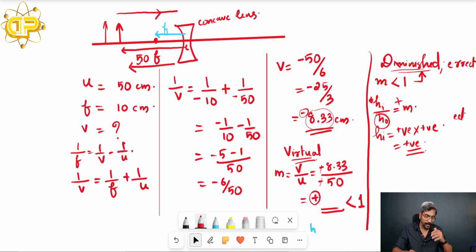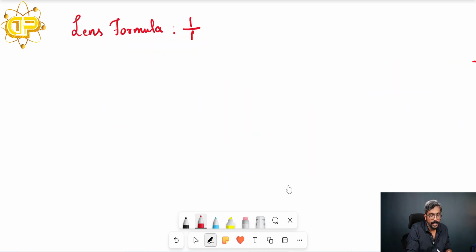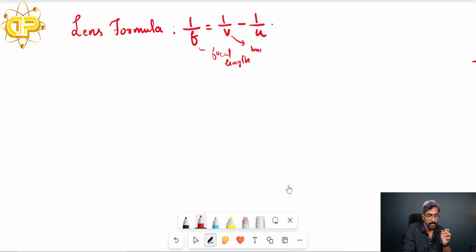Okay, so again we'll just brief the thing and wind up the session. 1 by F is equal to 1 by V minus 1 by U, where F is the focal length, V is the image distance, and U is the object distance. So that's very important.